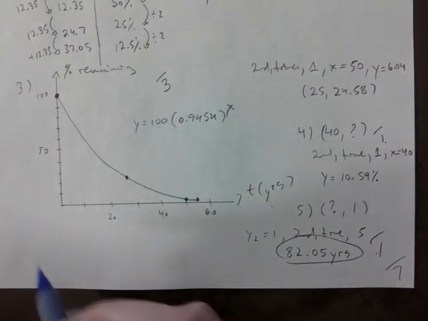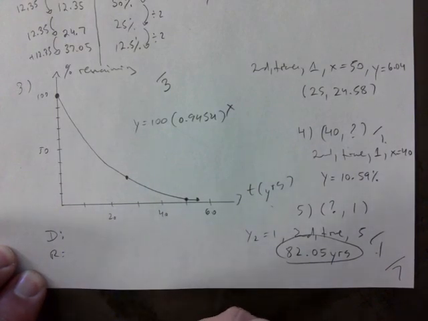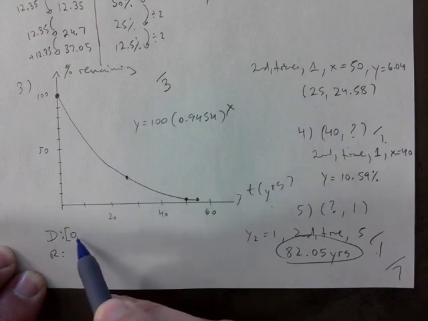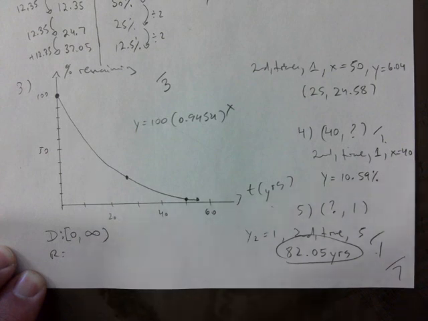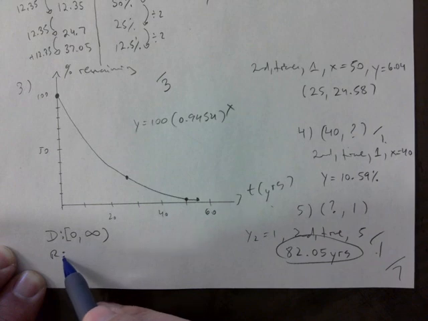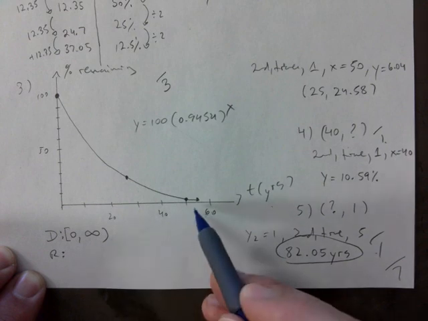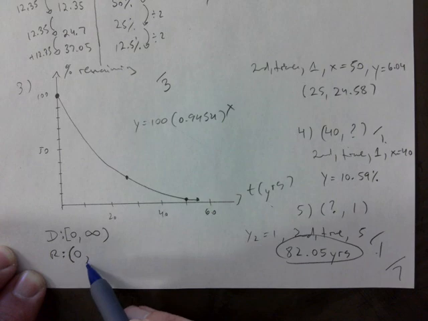What would be the domain and range here? I'm not going to give you marks for this, but what would you say is the domain? Domain, we start at time 0. It's inclusive, right? And according to this, we don't know when it stops. My range, this one is tricky. Does it ever touch 0? It gets awfully close, but it never actually touches. So you would say 0 round bracket all the way to the highest it ever gets to, the luminescence, right?